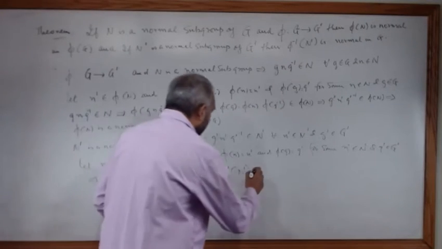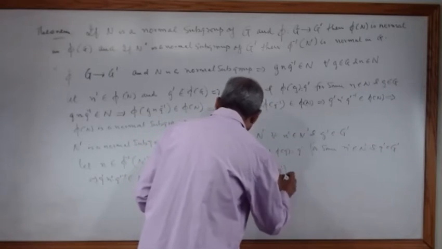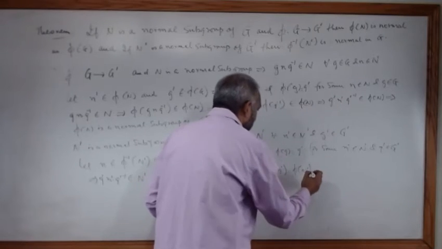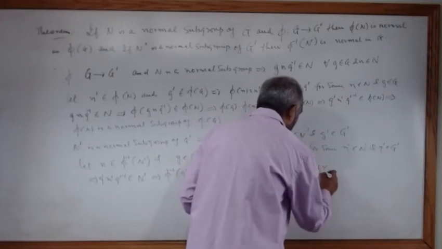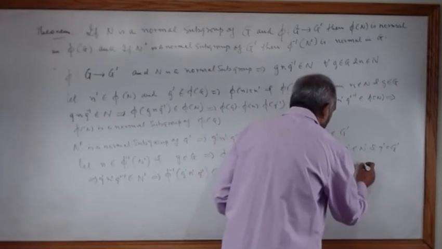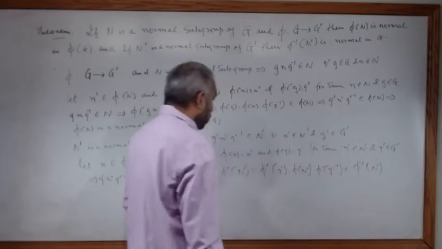And that implies phi inverse of g prime times phi inverse of n prime times phi inverse of g prime inverse belongs to phi inverse of N prime.